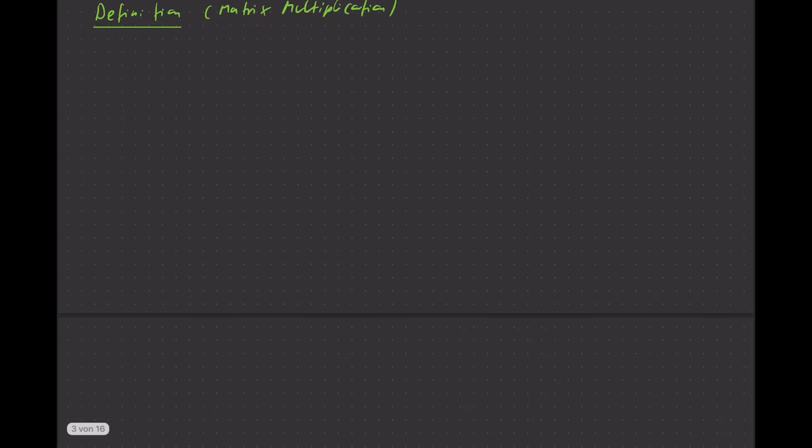So let's start with the necessary matrices first. Let A be a matrix. I'll call the entries a_ik. And let's say this matrix is in R to the m by q. And then we'll also take a matrix B, entries b_kj.